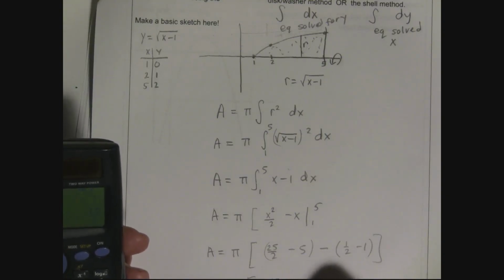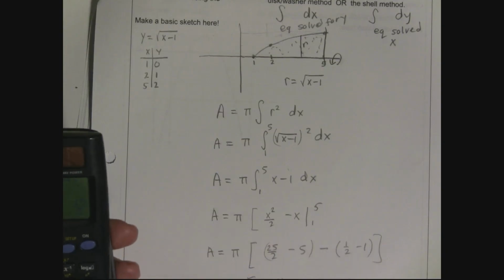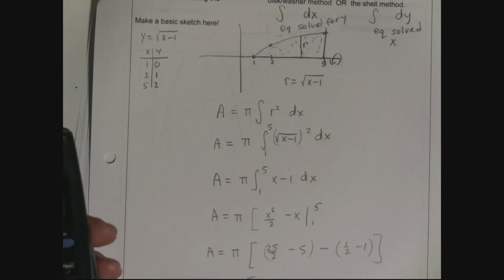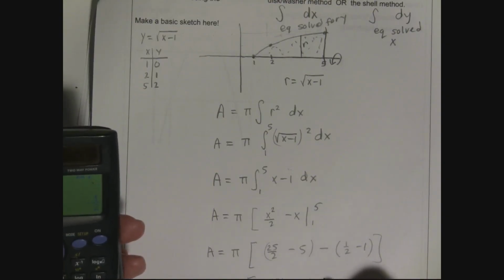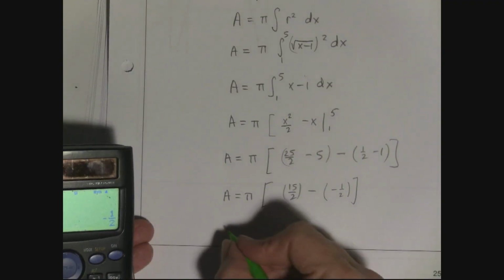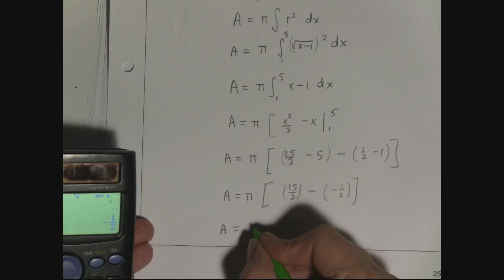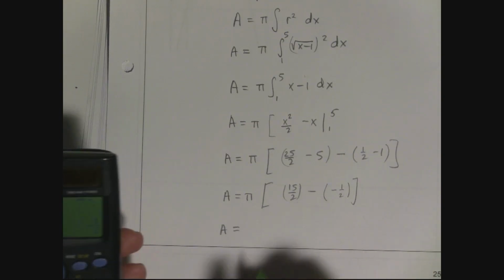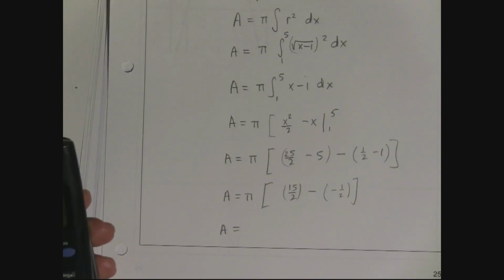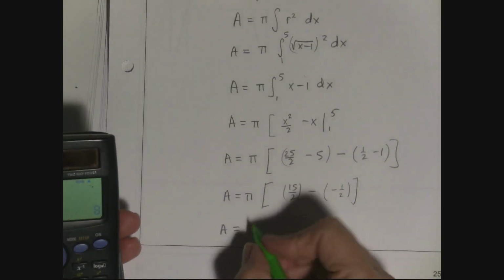And there might also be one person out there who wishes I wouldn't have integrated it, to make it shorter. To that person, I say, put it on double speed through this part. And so I have 15 over 2 plus half. And so that's 8. So this is 8 pi.